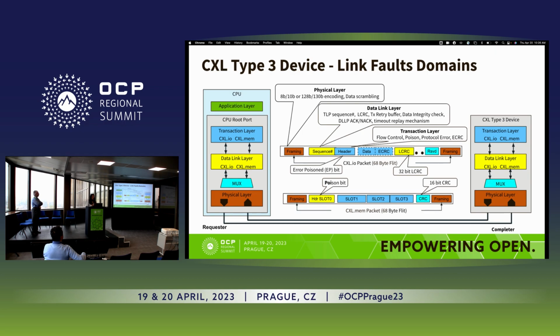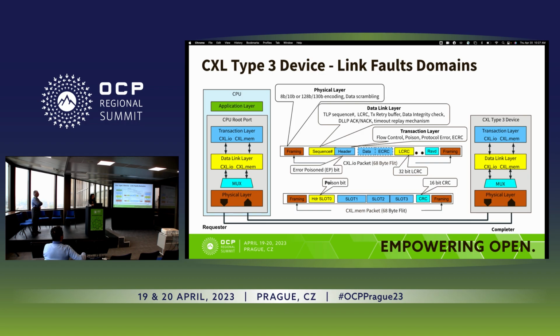In the middle, we are representing the CXL.io flit and the CXL.mem flit. CXL defined the flit concept to provide lower latency for CXL transactions. The flits are 68 bytes, whether it's CXL.io or CXL.mem. CXL.io follows the same PCI-like packet concept. Here it is a flit, with a sequence number, header, data, ECRC, LCRC, and the framing is the same as the physical layer framing.